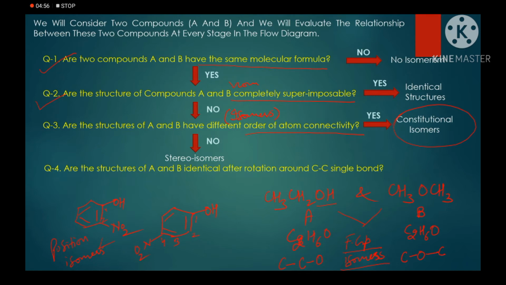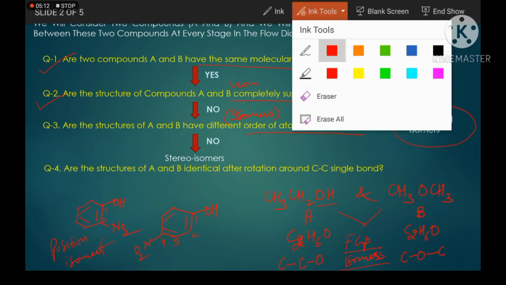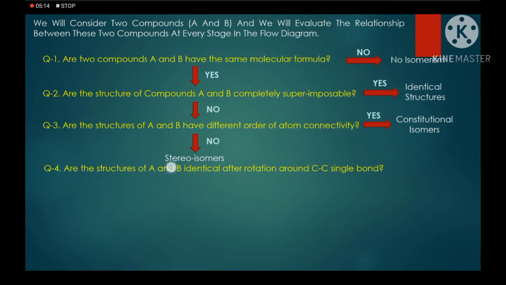So all those isomers which have different order of atom connectivity, we call them constitutional isomers, and all those isomers which have the same atom connectivity but different orientation in space, we call them stereoisomers. So what will be the definition of stereoisomers then?